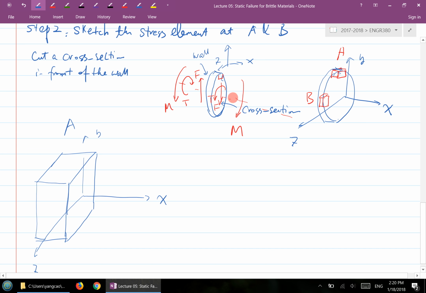So yes, you have a force, you have a torque, you have a moment. But now let's relate this loading to stress. At the A location, you have a force, torque, and bending moment. What type of stress will result because of the three loadings here, at the A location?